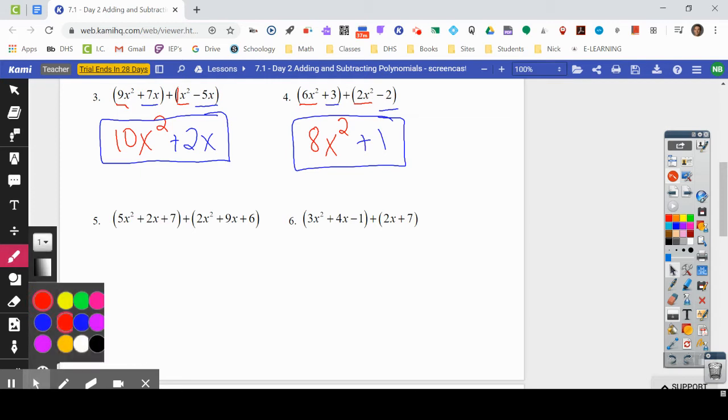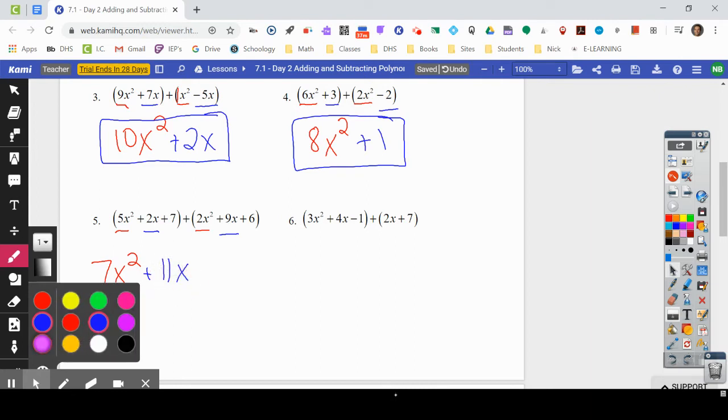All right, so let's do this. We have 5x squared, and I see a 2x squared. Those are both my x squared terms, so I can combine those. 5 plus 2 gives me 7x squared. I see a positive 2x here and a positive 9x there. Again, those are like terms. I can combine those, so 2x plus 9x will give me 11x.